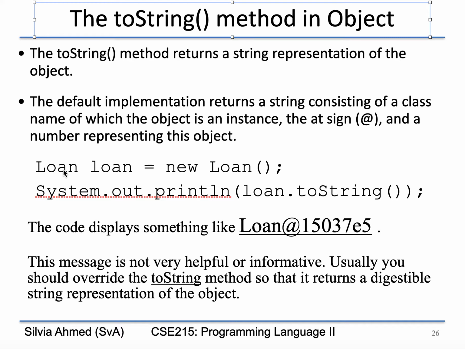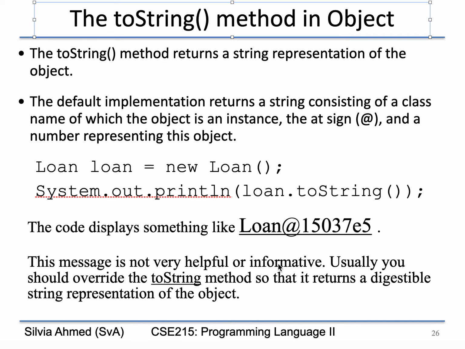Here the name of the class is Loan with a capital L, then the @ and then a number. The number usually is the reference variable value, but this message is not very helpful or informative.